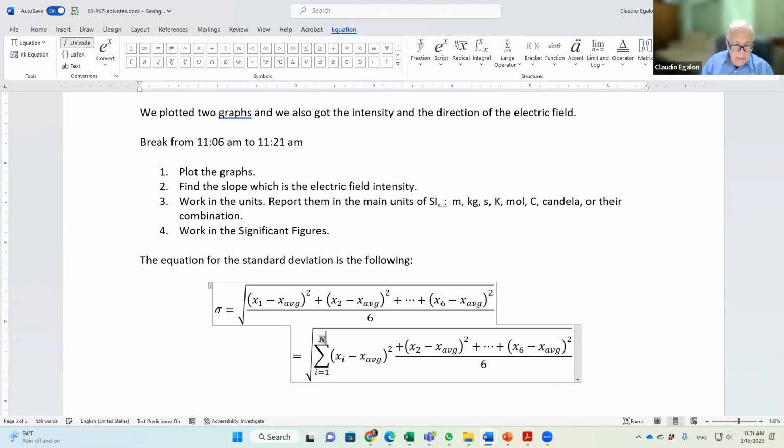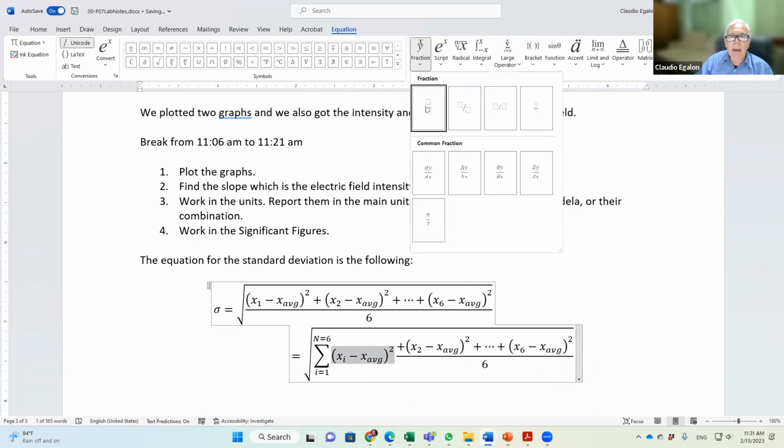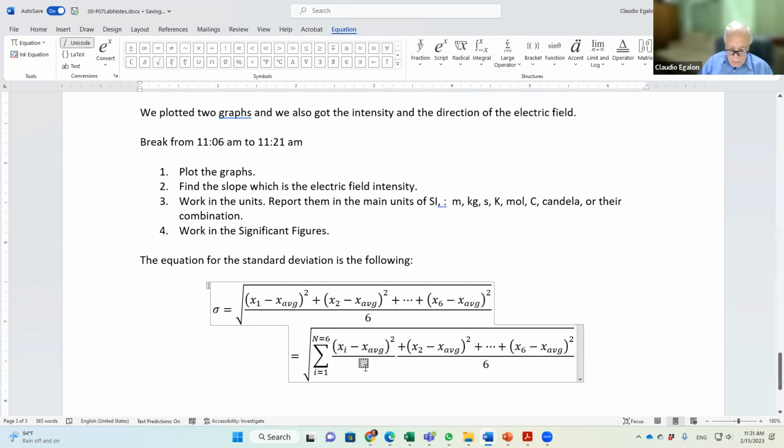In our case, n is equal to 6. And I have to divide by n as well. And everything is in a square root.